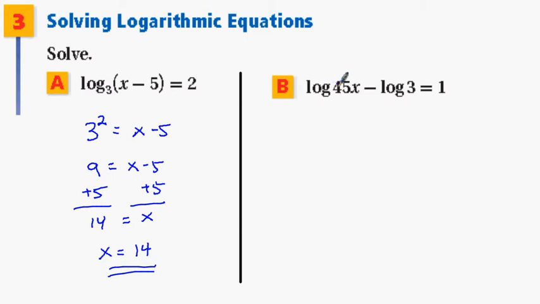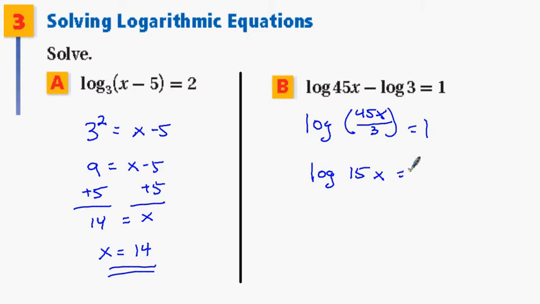Here I have log base 10 of 45x minus log base 10 of 3 equals 1. This turns into, using the quotient rule then, log of 45x over 3 equals 1. 45x divided by 3 is 15x. Log of 15x equals 1.